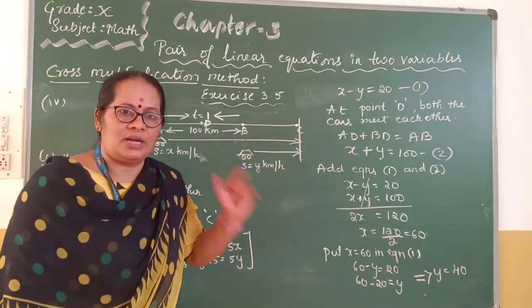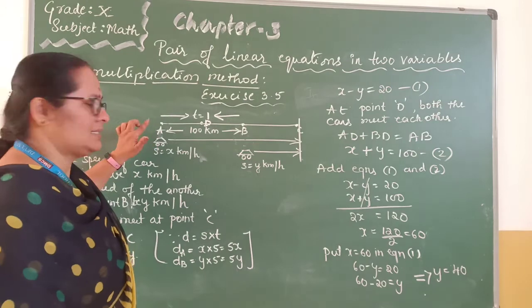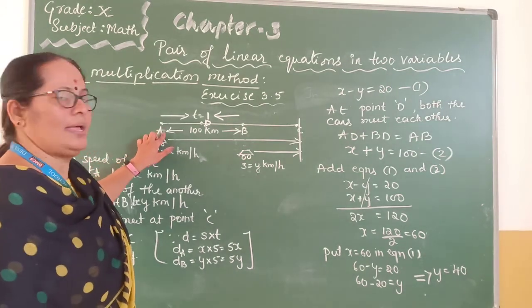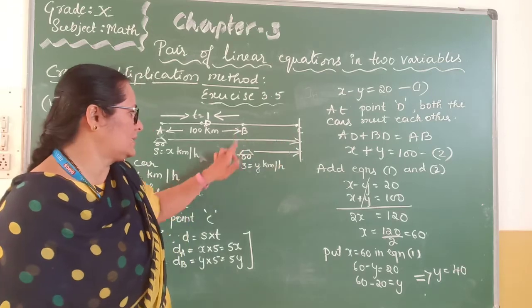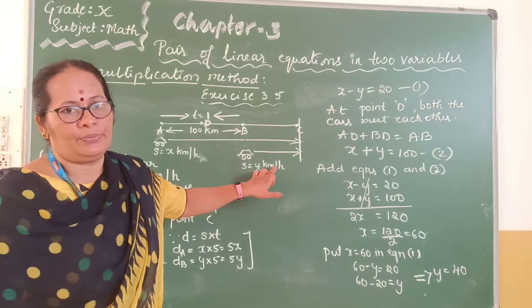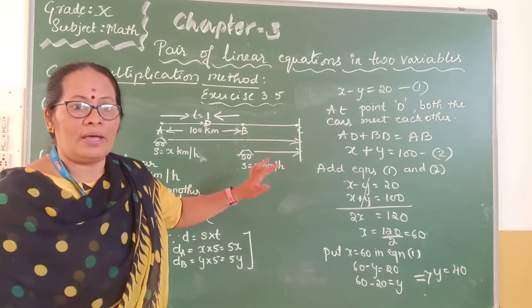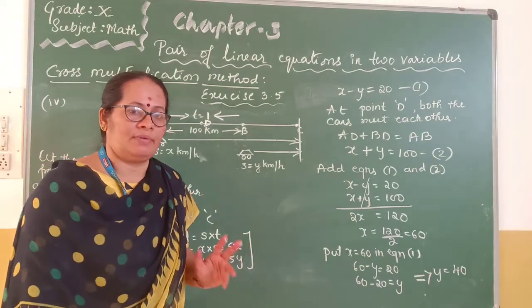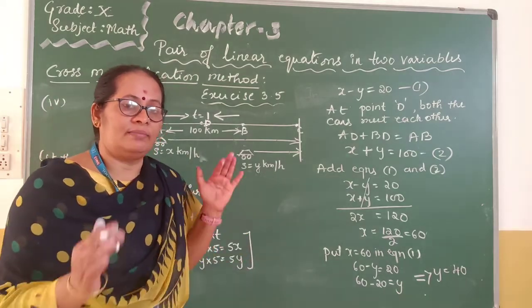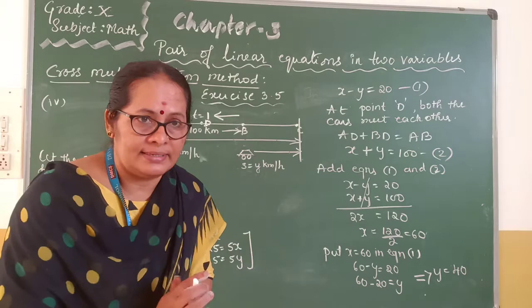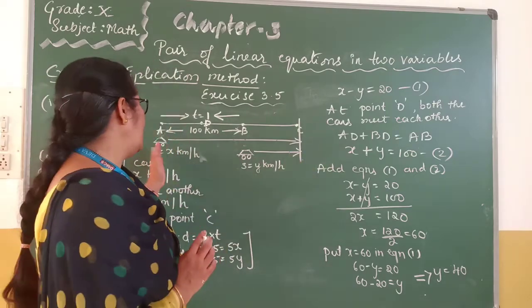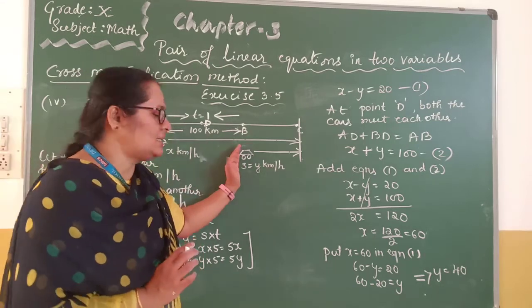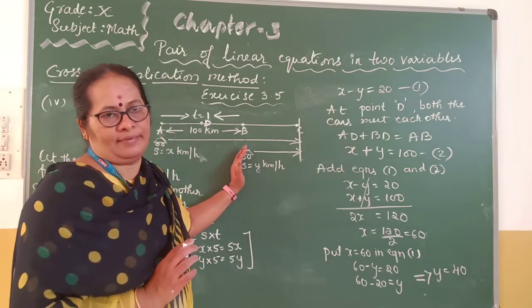The distance travelled by car A is 5 into x, whereas the distance travelled by the other car is 5 into y. Why? Because the condition given is both the cars meet after 5 hours. So the time taken to travel is 5 hours for this car, and this car also takes 5 hours.